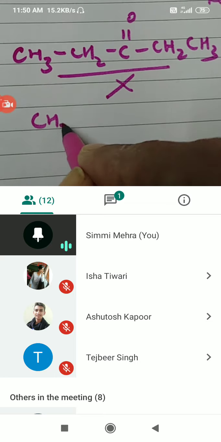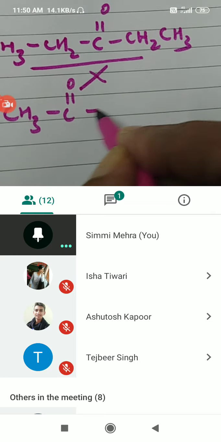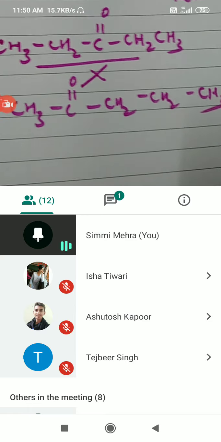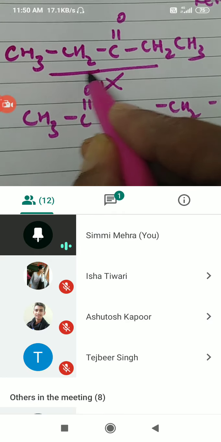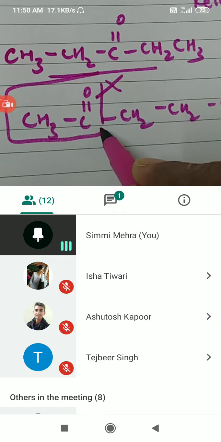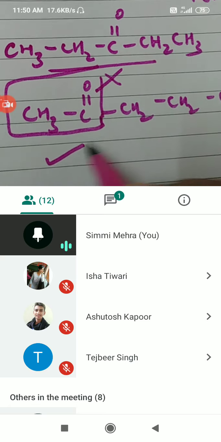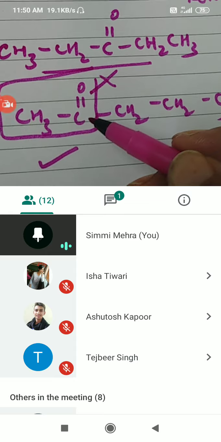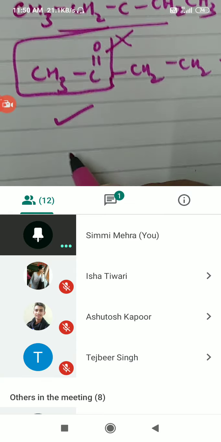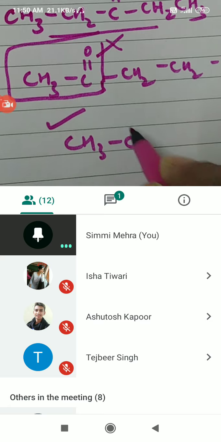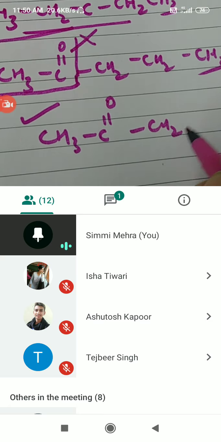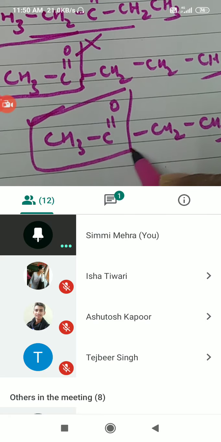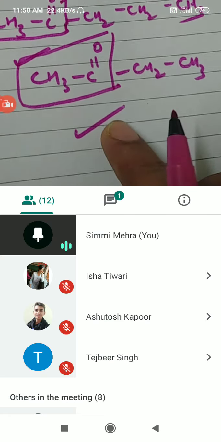However, if we have a compound like this, it does not matter how many alkyl groups or how many carbons are present. This group is present in one corner of the aldehyde. This will give the iodoform test. Now, is this clear to you? Even a ketone having this group, it can be a ketone like this, CH2, CH3. As long as it has this group present, it is going to give you the iodoform test.